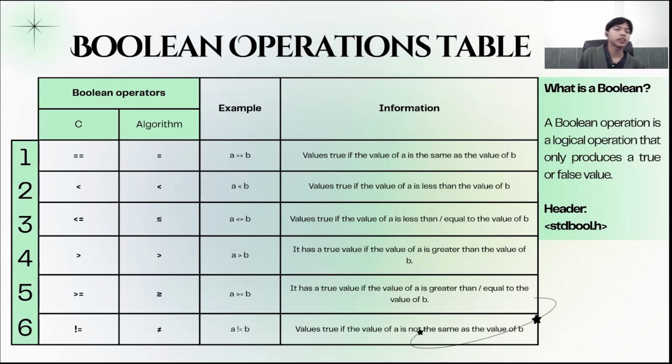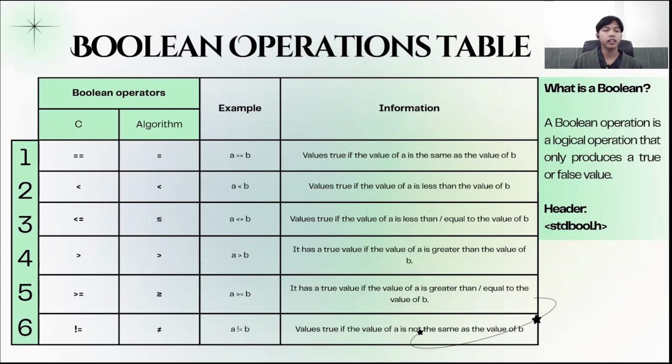The third is less than or equal. In C, it's less than and equal, written separately. In algorithm, it's just the basic symbol for less than or equal. For example, A less than or equal B means the value is true if the value of A is less than or equal to the value of B. And the fourth is more than.